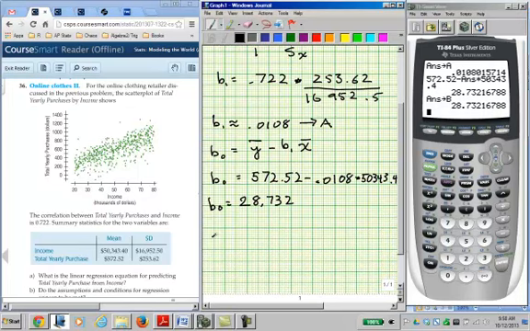So estimated total yearly purchases, let's call it TYP in dollars, equals 28.73 plus 0.0108 times yearly income in dollars.